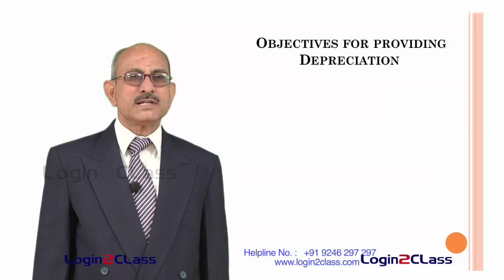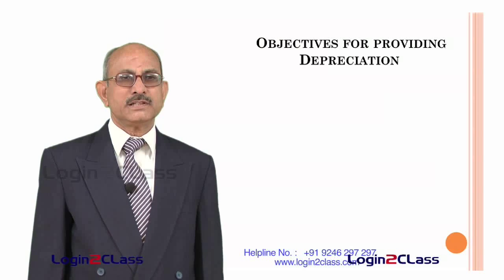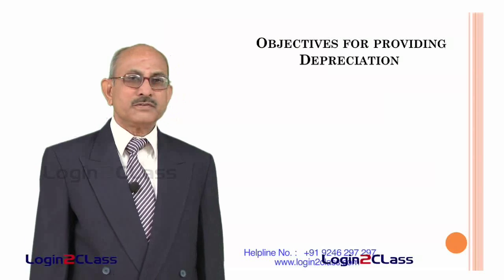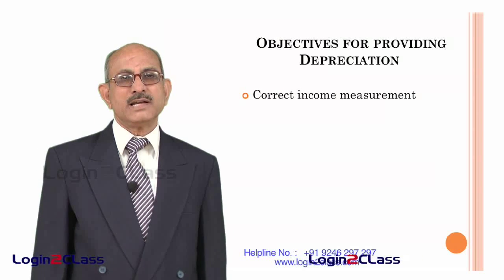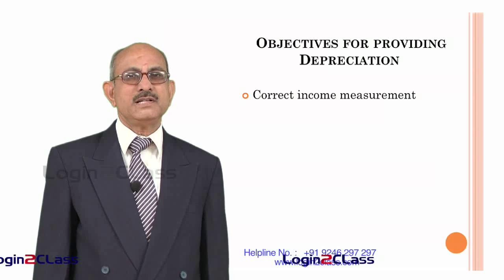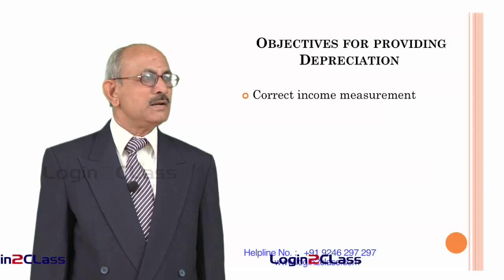Now, let us try to understand the objectives for providing depreciation, why depreciation needs to be provided for. And first of course is the correct income measurement. As we know, when we studied the different concepts, we studied one concept known as the matching concept.